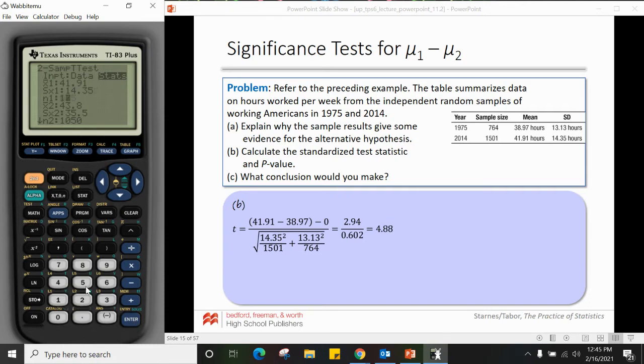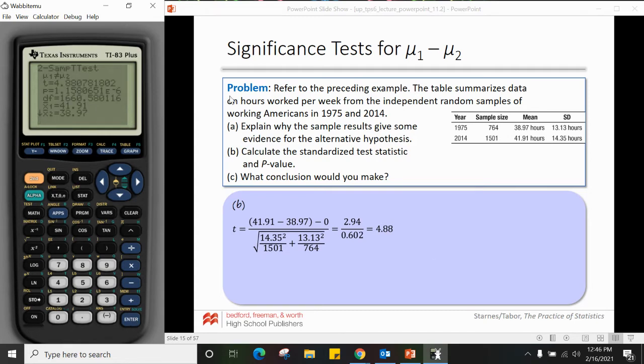And the sample size is 1501. My x bar 2 is 38.97. Standard deviation is 13.13. And the sample size is 764. We're doing a does not equal. And don't worry about the pool, we'll keep it as no. And then calculate.